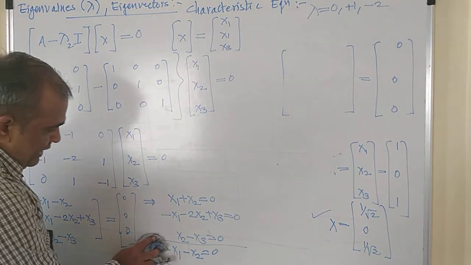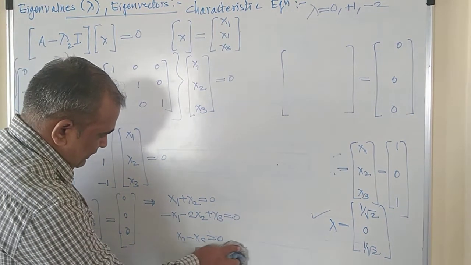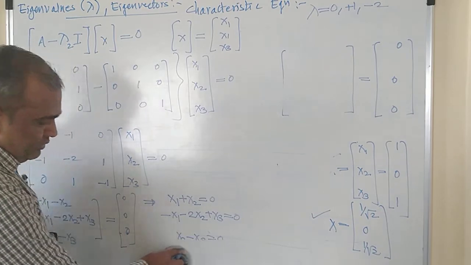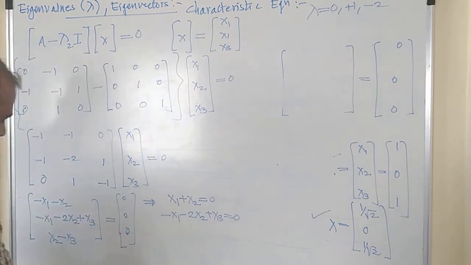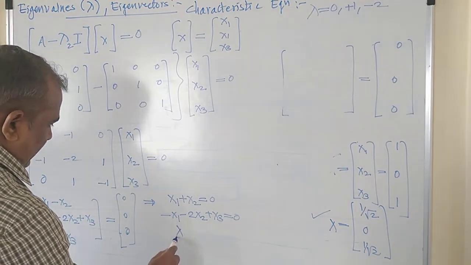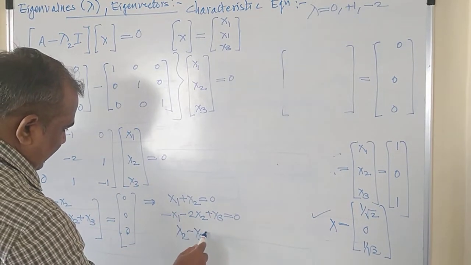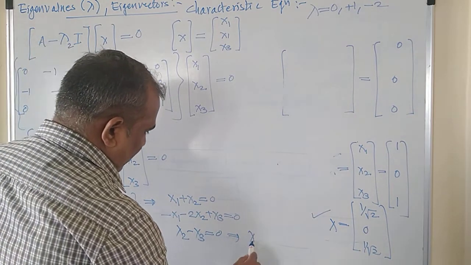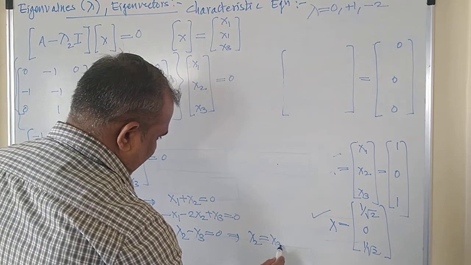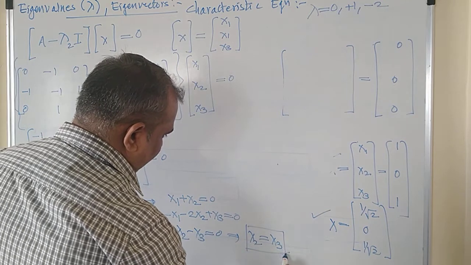No, not in this way. You need not add or subtract the equations. Let me write this again. The third equation will give you x2 minus x3 equals to 0. This gives you that the values of x2 and x3 are the same, right?